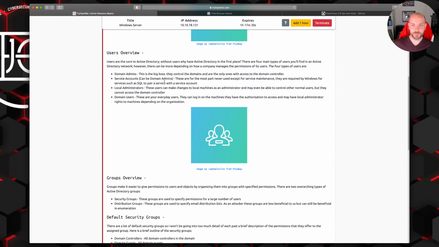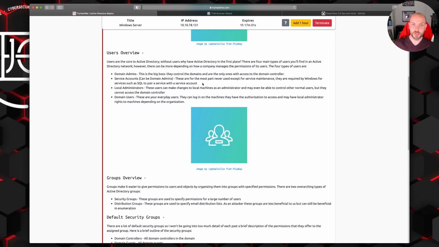Service accounts. Service accounts are normally used with different types of applications and services to be able to do different things within Active Directory. So for instance, let's say you had a monitoring tool that needed to sync with Active Directory so that you could log on to that tool using an AD account.